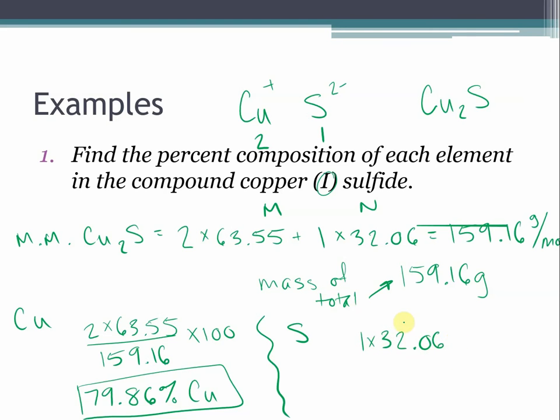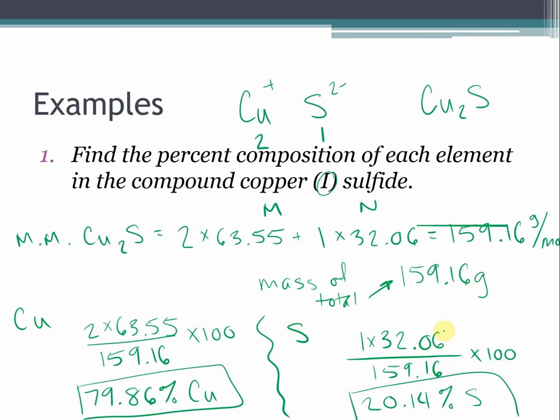So this is the mass of all of the sulfur in the whole entire compound. Divide it by the mass of the whole entire compound times 100. Plugging that in, 32.06 divided by 159.16 times 100 should give you 20.14% sulfur.